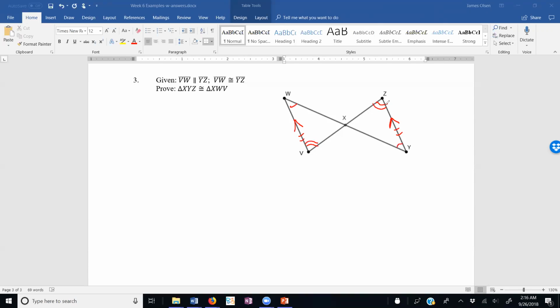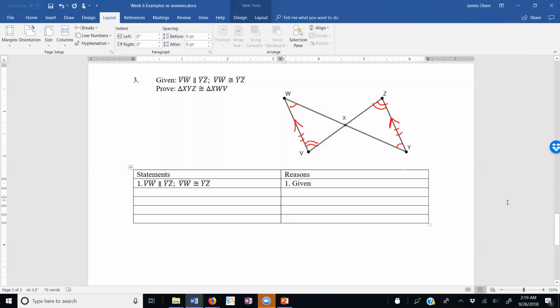Notice that I have not marked angle V with a single mark because angle V would not necessarily be congruent to angle W and angle Y. The angles at X actually are congruent as well because they're vertical angles, but I have enough information to do an angle-side-angle proof. Once again, I may be losing my annotations, so please have those on your paper so that you can refer to them. And I'm going to get ready to write the proof.